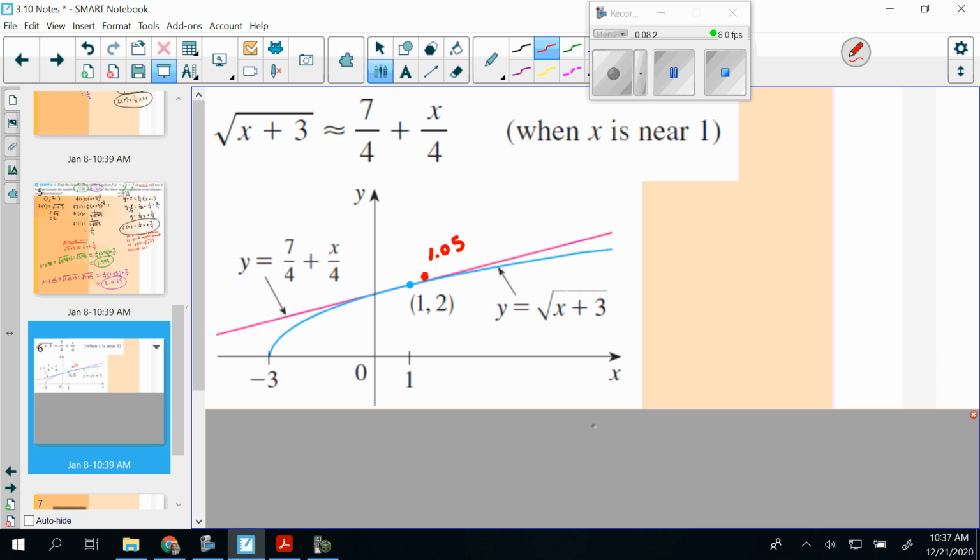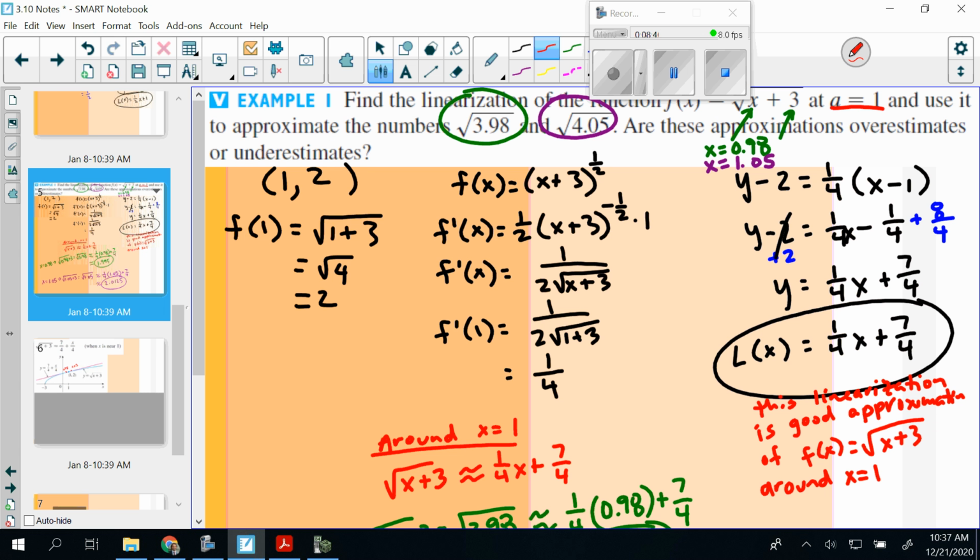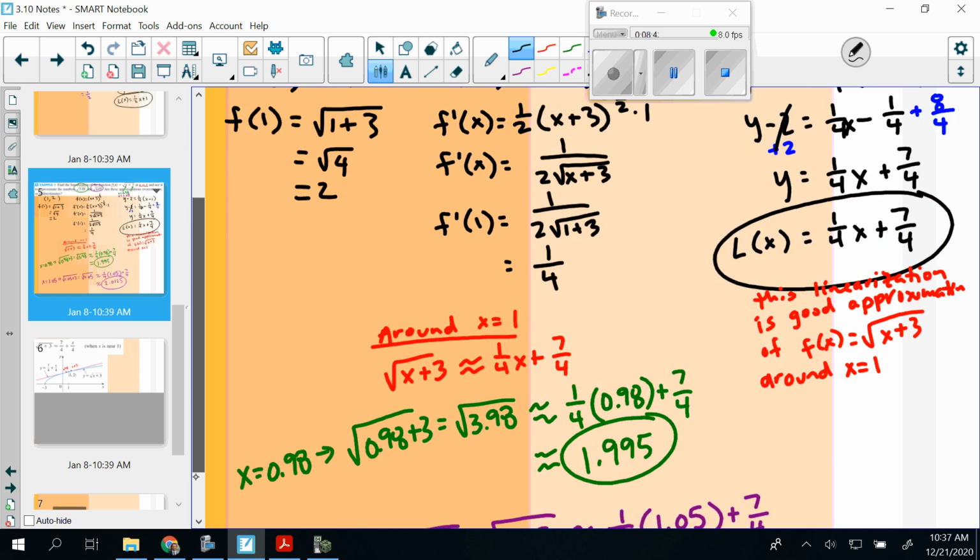Even our other one of 0.98 should also be a little bit over the actual value there in blue. So both of these here are overestimates.